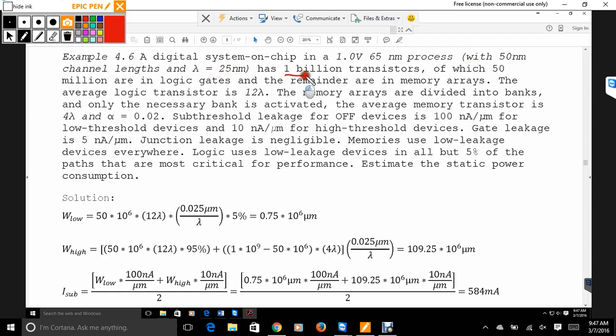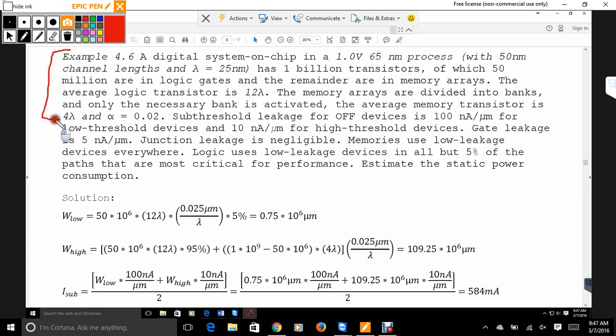It has 1 billion transistors, of which 50 million are logic gates and the remainder are memory arrays. Sound familiar? The average logic transistor is 12 lambda, and the memory arrays are divided into banks, and only the necessary bank is activated. So you have all these banks, and only one of them is being accessed at a time. The average memory transistor is 4 lambda, and we have a switching factor of 0.02.